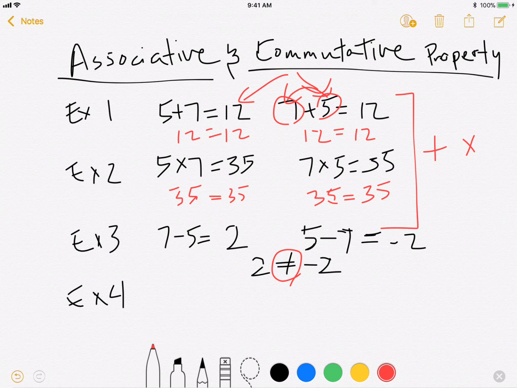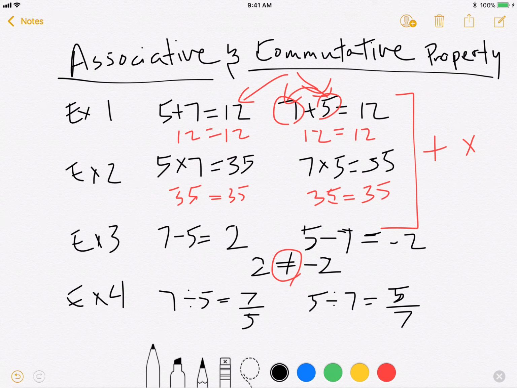All right, now let's try division, and I bet you are already making a guess about division. We've got 7 divided by 5. That's going to equal 7/5. And then we've got 5 divided by 7 because we changed the order. We commuted. And that equals 5/7. All right, is 5/7 the same thing as 7/5?